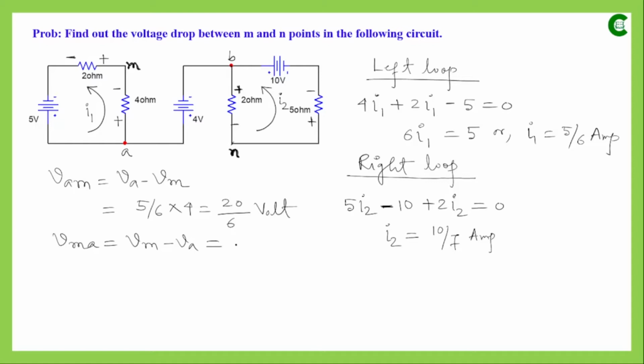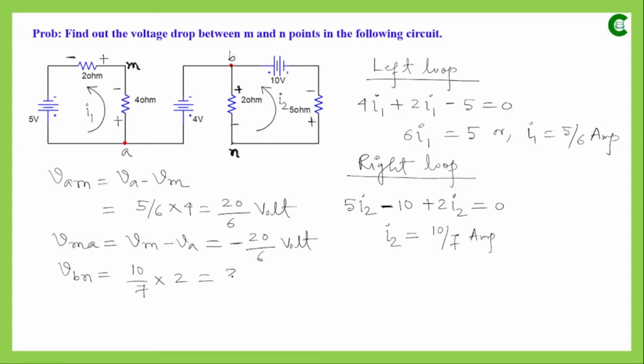This side also has a resistance whose voltage drop we have to find out. As per the direction of the current, this is at higher potential, this is at lower potential. So if we write the voltage drop across this resistor, it will be written as VBN, and that will be the current value which we have found out as 10 by 7 into the resistance value which is 2.